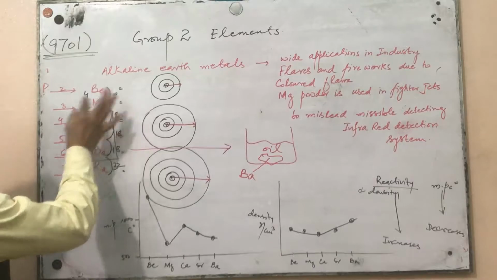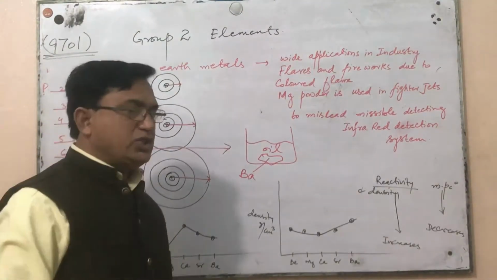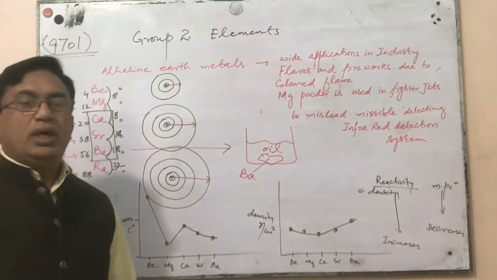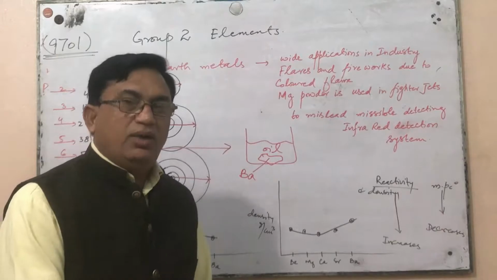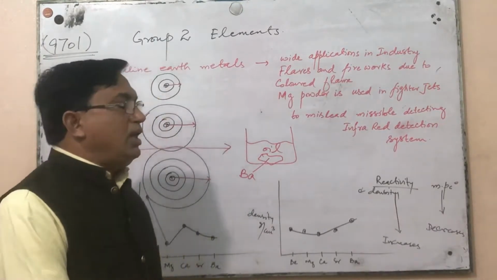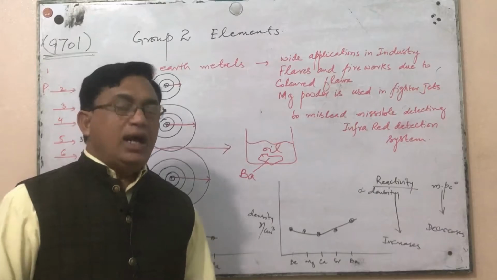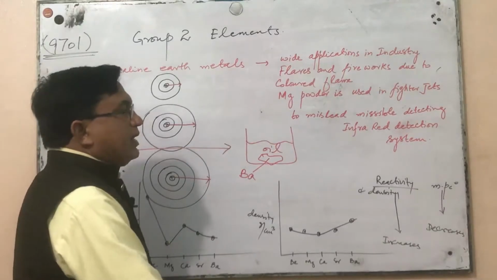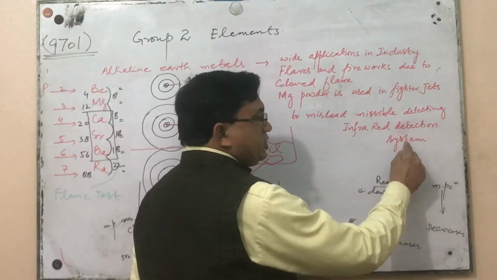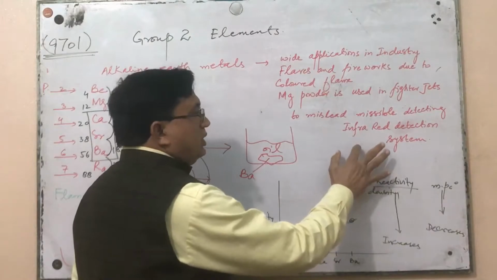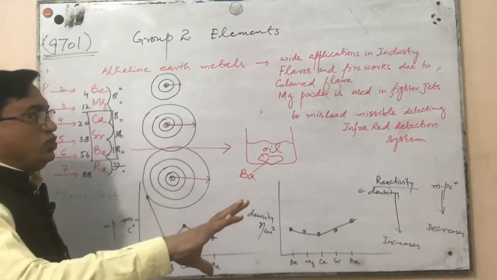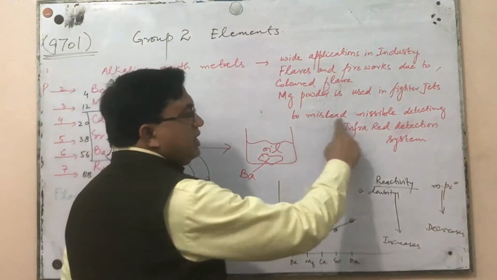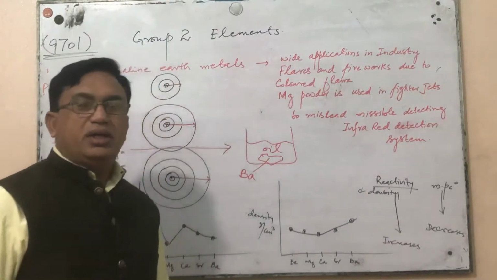This powdered magnesium, due to its much faster reaction, can also be used in fighter jets, which emit magnesium in the form of flares that can mislead the infrared detection system of a missile. So magnesium powder is also used for this purpose, just to mislead missile targeting.